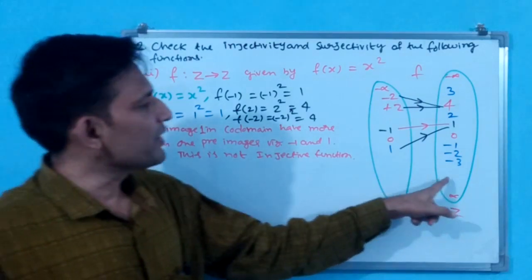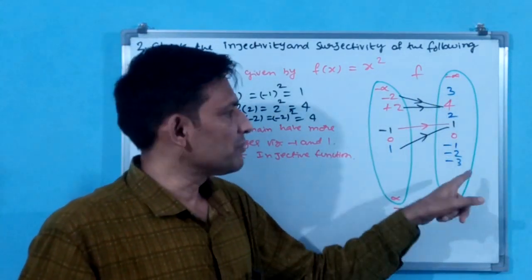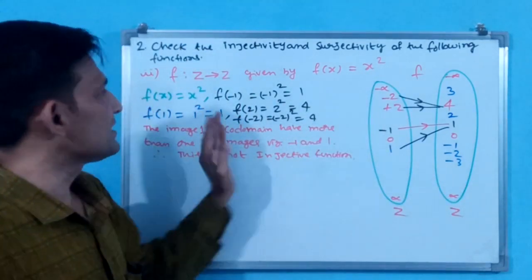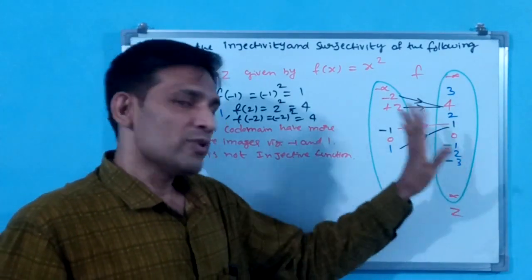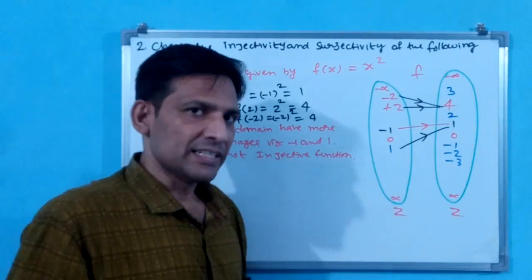Second one, all negative numbers. See, in integers, negative integers will be there, positive integers also will be there. But because of the square function, all output results will be positive only. What about negative? Negative will be left like that only. All negatives are left and they don't have any relation.